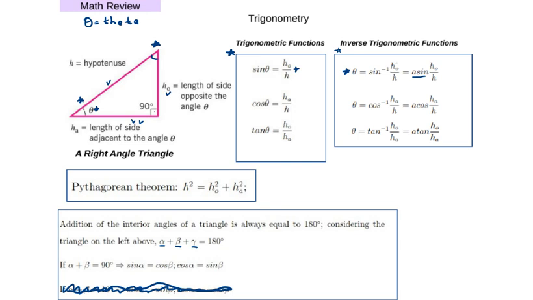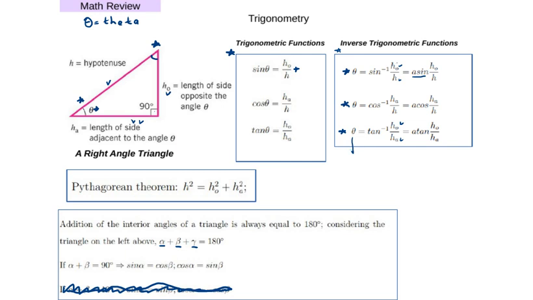In the meantime, we can use inverse trigonometric functions to calculate the angle. If I know everything else, I can calculate the angle using sine to the minus 1, also called arcsine. The sides I'm dividing are the same as the sides I use for my sine: HO, opposite over H, hypotenuse.